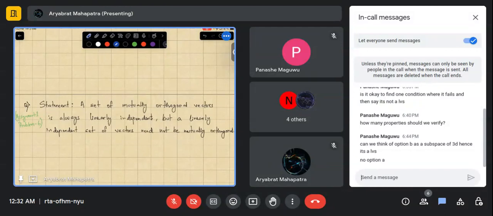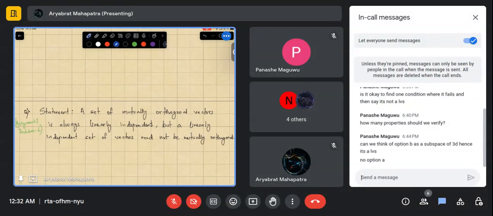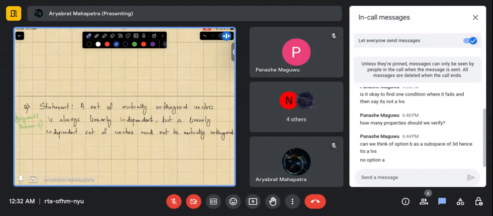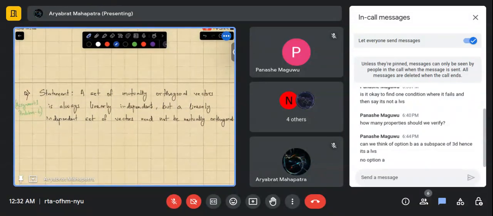The statement is: a set of mutually orthogonal vectors is always linearly independent, but an independent set of vectors need not be mutually orthogonal. So how can you prove this statement?